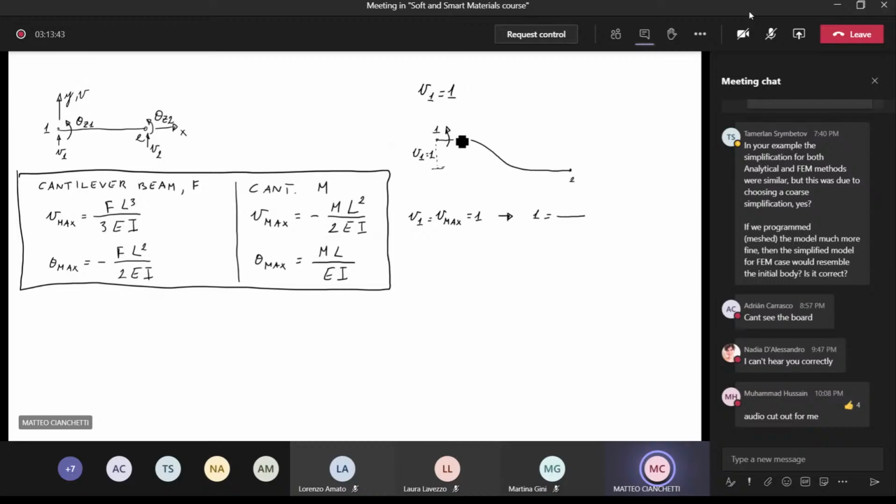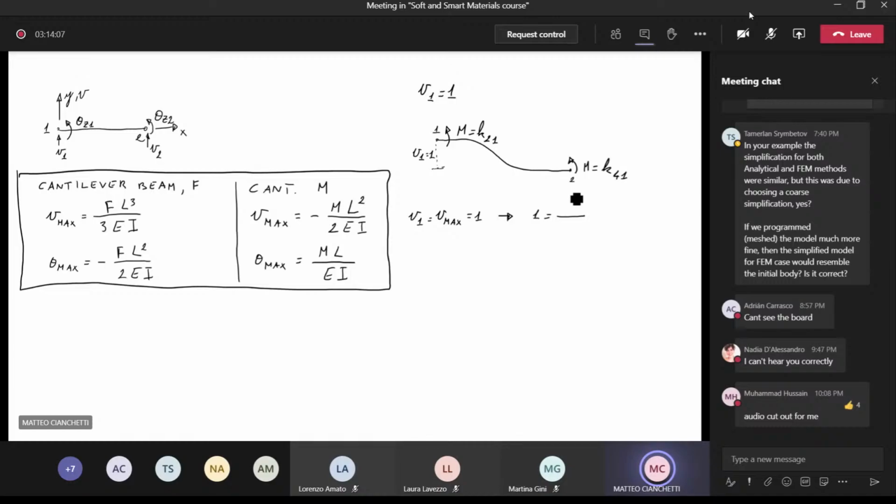Then we have the moment around node 1, whose stiffness element is K21. We have rotation about node 2, whose moment is K41.